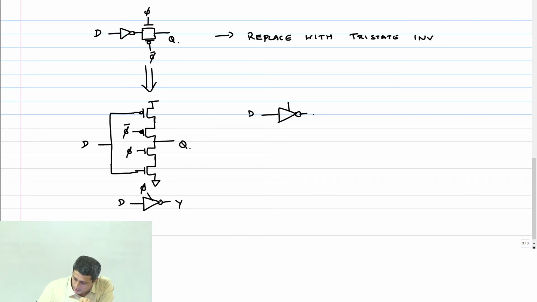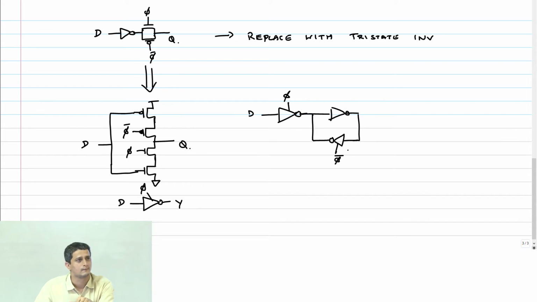Okay, D. Then in the feedback path, I could put another tri-state inverter, not a big deal. So let's say this is phi, then this has to be phi bar.